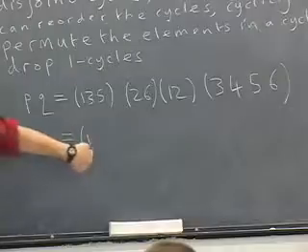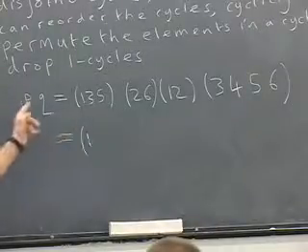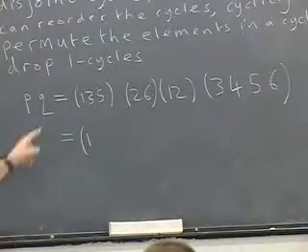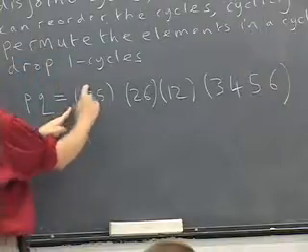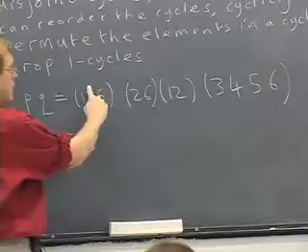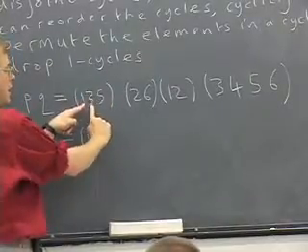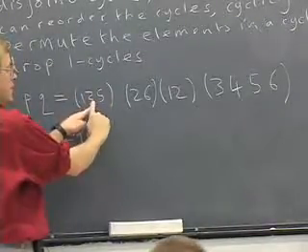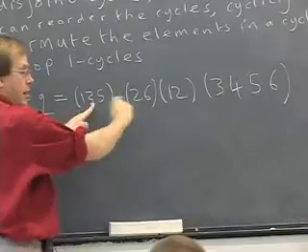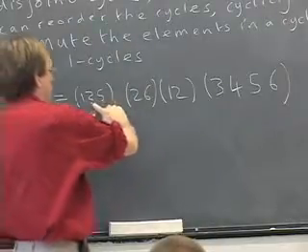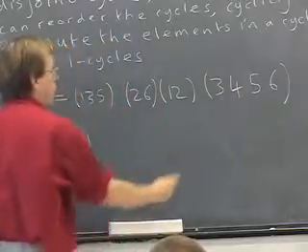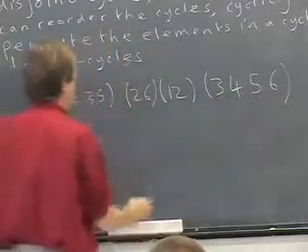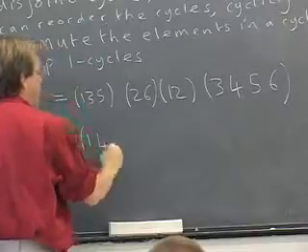I want to find the cycle involving 1. So where does 1 go if I apply the product PQ? Well, I'm sort of acting from the right. So 1, first of all, goes to 3. I look along for a 1. I find it here. It moves to 3. I've now got a 3, and I look along to find anywhere else it might be and see where that moves from. The next time I find a 3 is here. It moves to a 4. Then I look along, and there are no more 4s. So it ends up at 4.